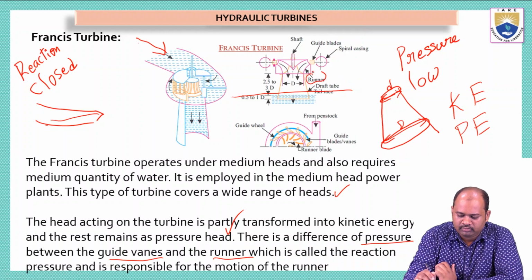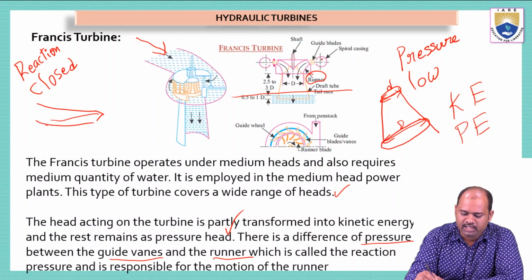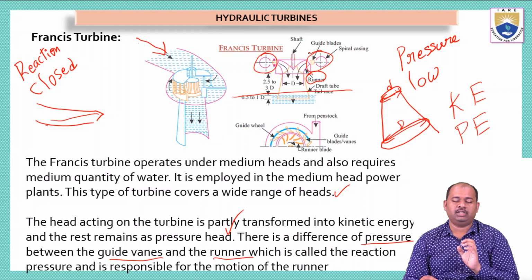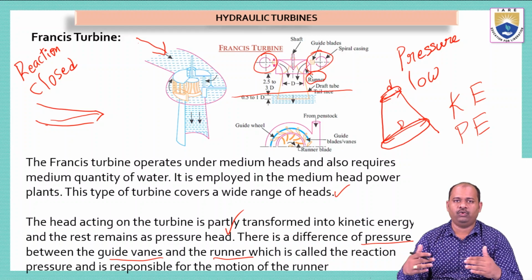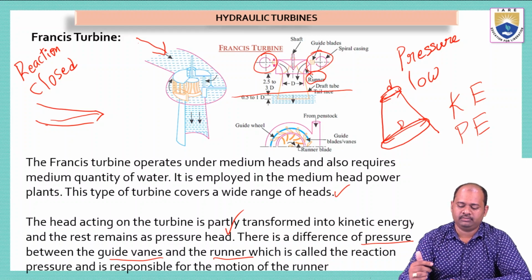One is the runner, which is a metallic disc that rotates when water touches the vanes. The other is a guiding mechanism called guide vanes. These guide vanes make the water flow in such a direction that it makes the turbine wheel rotate.